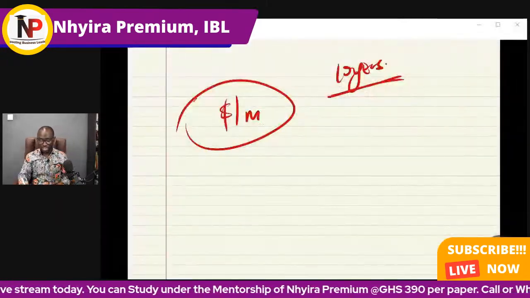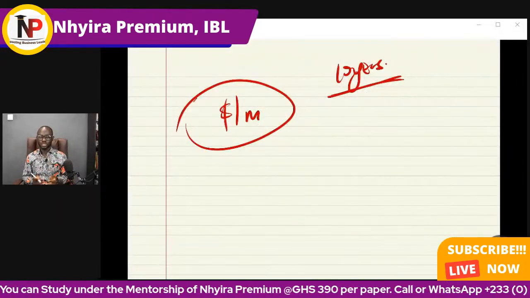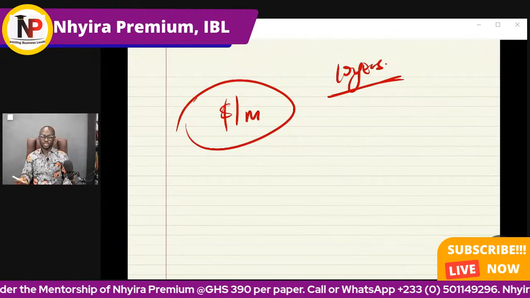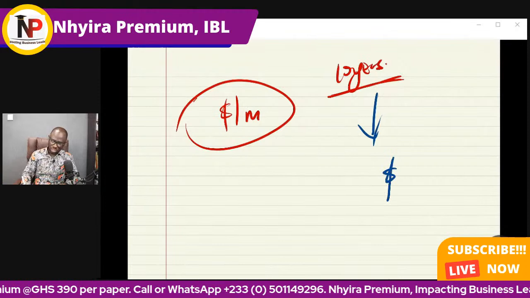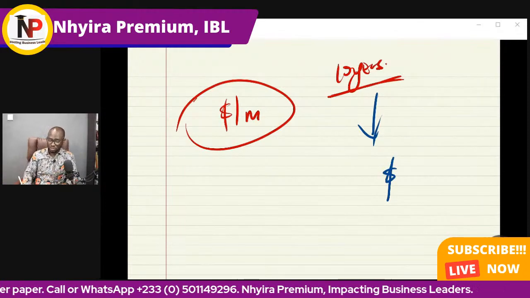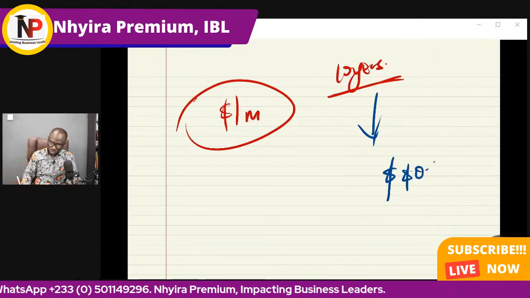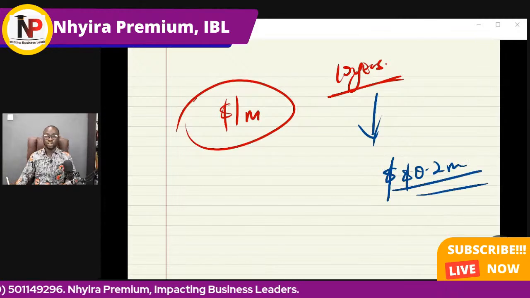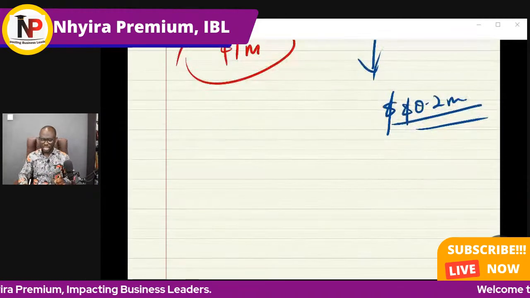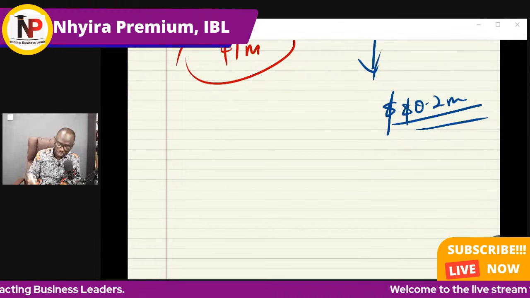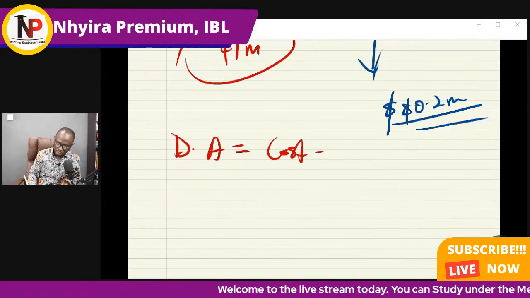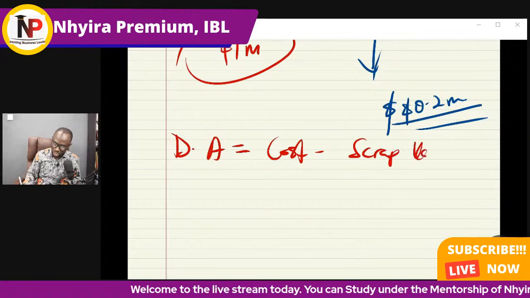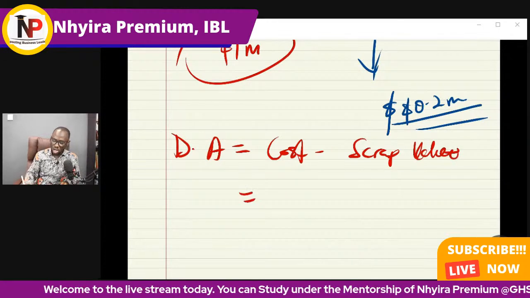So let's say this asset that I bought cost 1 million. I'm going to use it for 10 years. But I'm assuming that in the 10th year, I could sell this asset for, let's say, 0.2 million, $200,000. Which means that the depreciable amount, DA, is going to be the cost minus the scrap value, the terminal value, or the residual value.